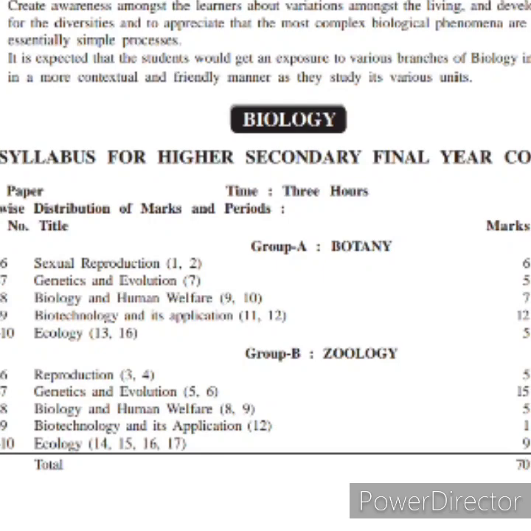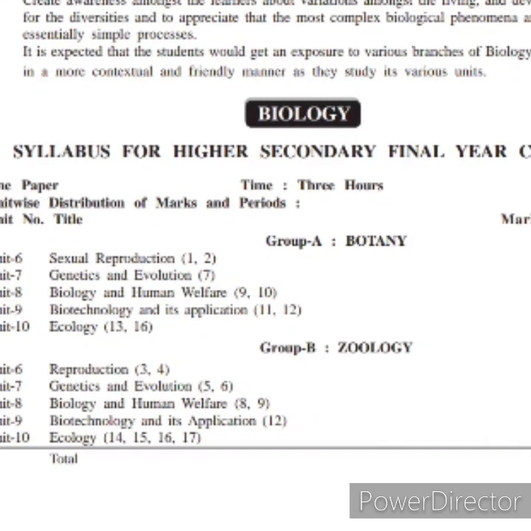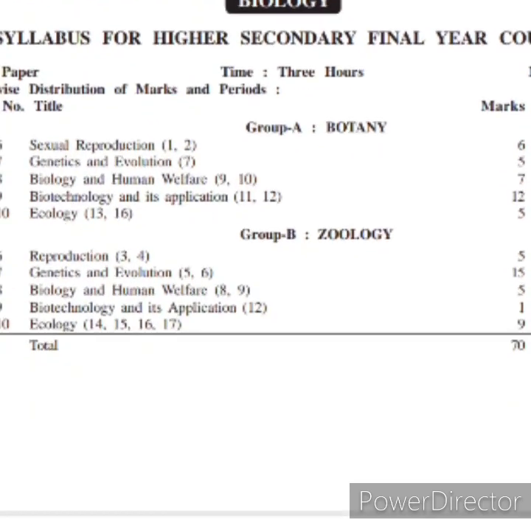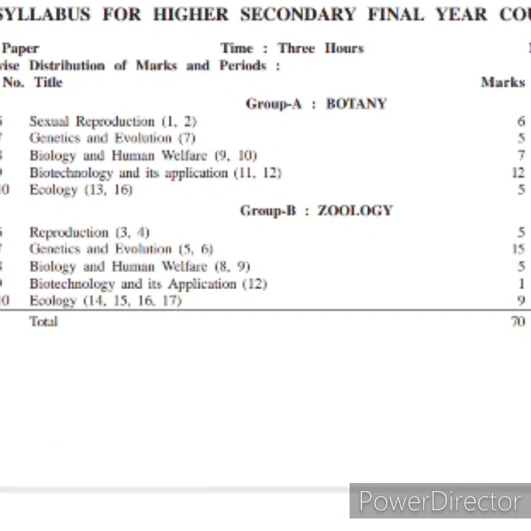The next unit is genetics and evolution. It will carry the maximum marks, a total of 20 marks. So it is a very important unit for you in both botany and zoology. Here you see the evolution chapter in botany, and the main genetics chapter in zoology.